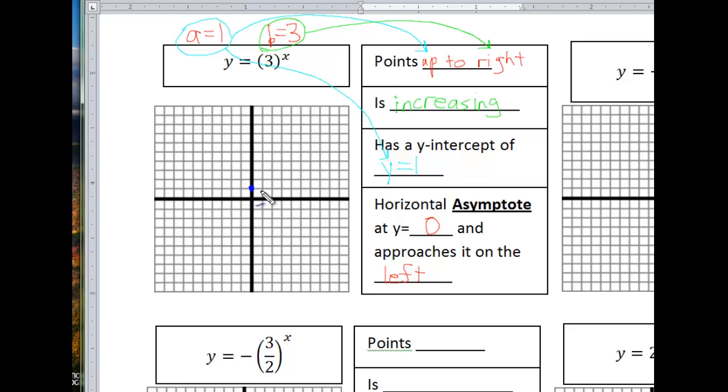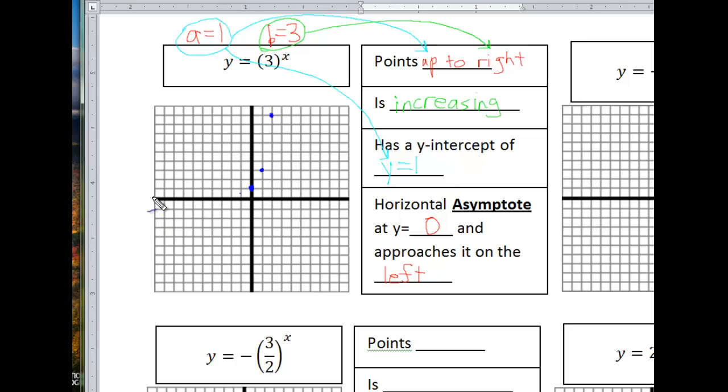So 1 times 3 gives us 3. 3 times 3 gives us 9. 9 times 3 gives us, way off the graph, 27. If we go backwards, we're dividing by 3. So 1 divided by 3 gives us 1/3, 1/9, 1/27, and we're already basically 0.